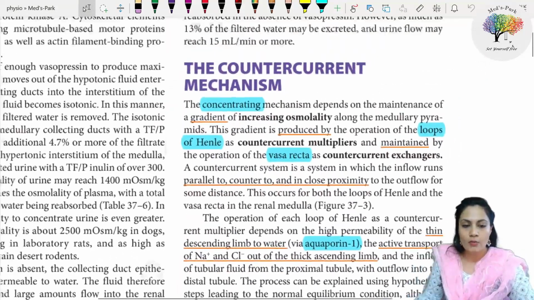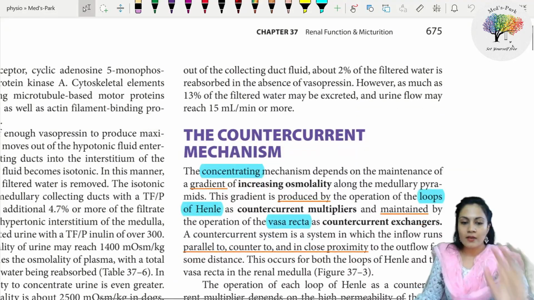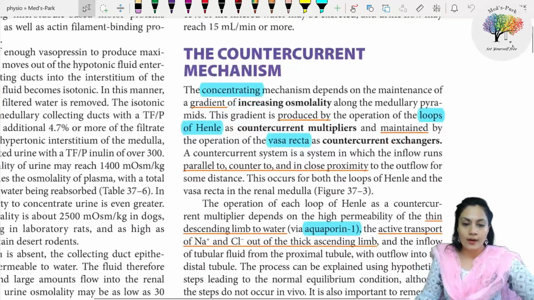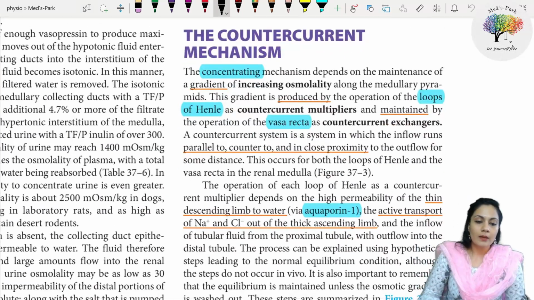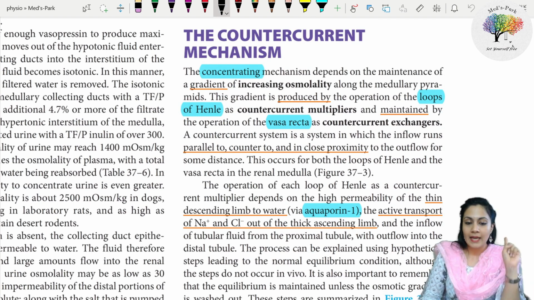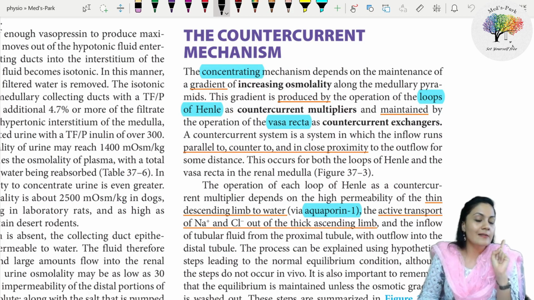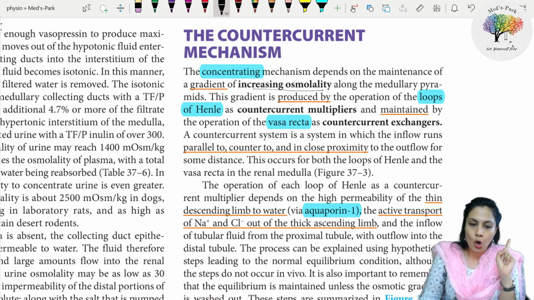So look over here, countercurrent mechanism. It is given in chapter 37, right? The page number might vary depending on which edition you are using. Okay, the countercurrent mechanism, the concentrating mechanism. So first thing you have to highlight, this is the concentrating mechanism depending on the maintenance of the gradient of increasing osmolarity along the medullary pyramids.